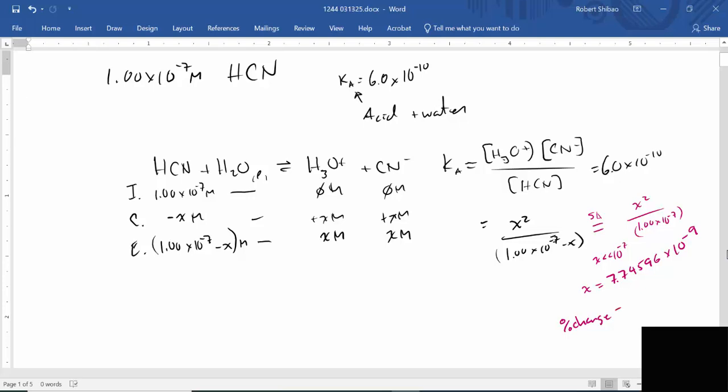And my percent change comes out to 7.74. So the assumption fails.